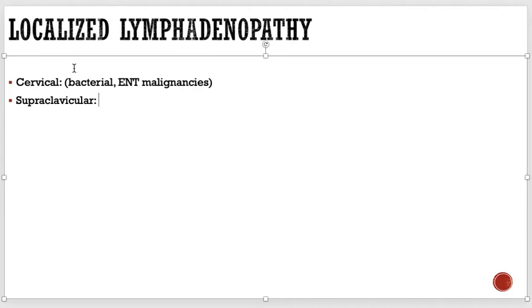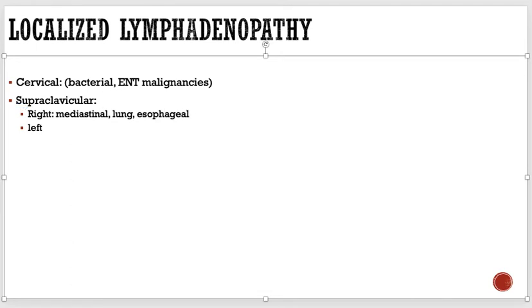One very important thing: supraclavicular should be divided into two main categories, right one and left one. Whenever there is right supraclavicular lymphadenopathy, think about chest causes like mediastinal lung cancers, esophageal cancers, all of which can give lymphadenopathy.